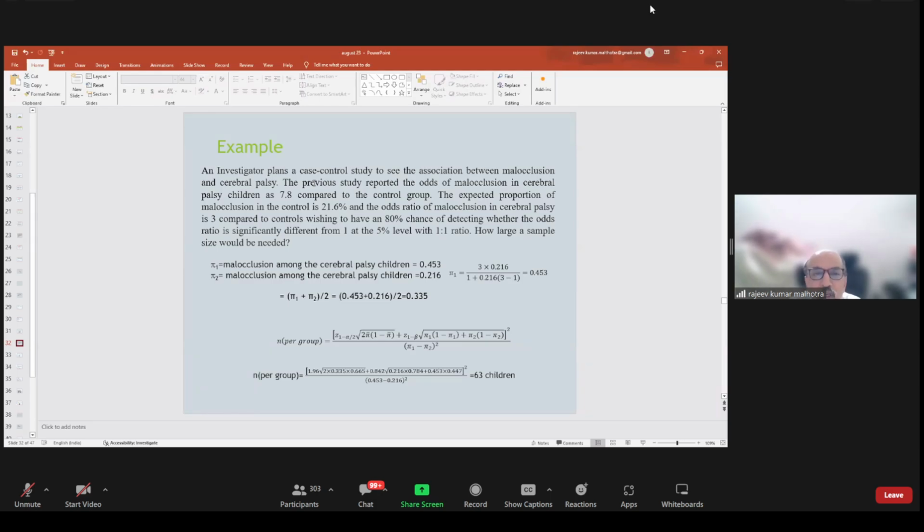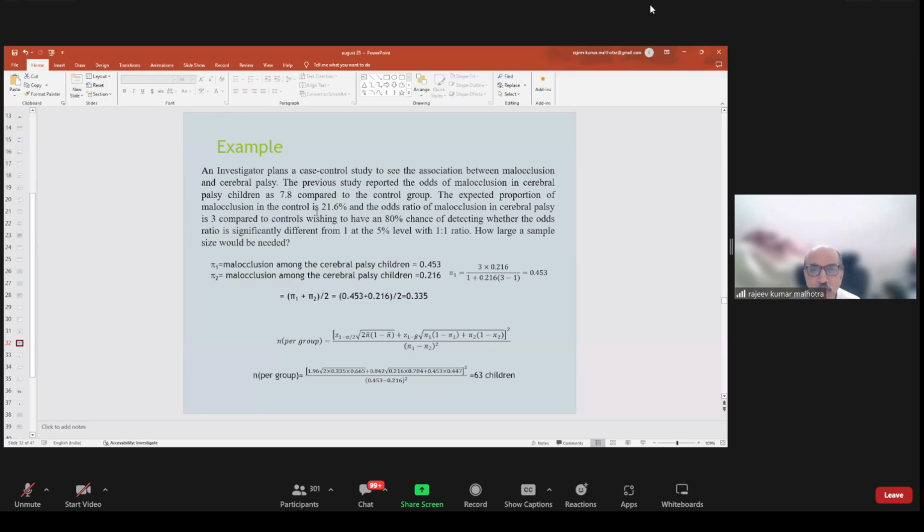In the previous study, the odds ratio was 7.8, but we are expecting that if it is more than 3, then we say there is a difference between case and control. Here, instead of taking 7.8, we are taking 3.